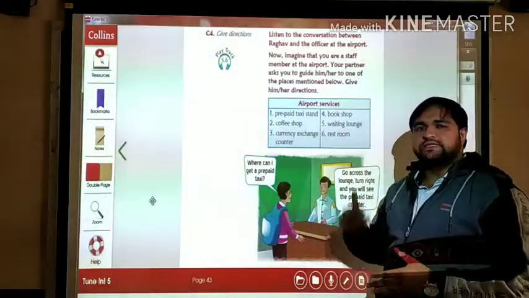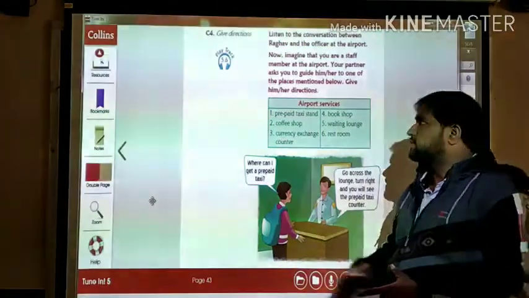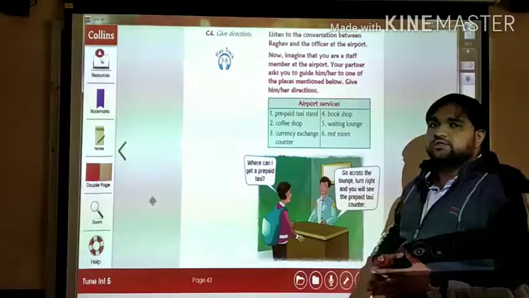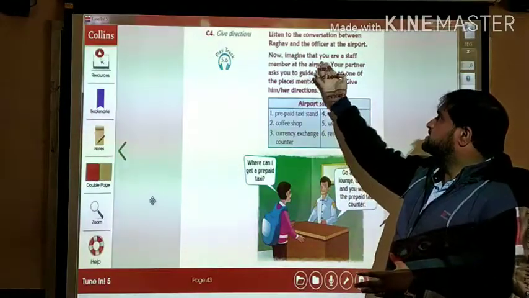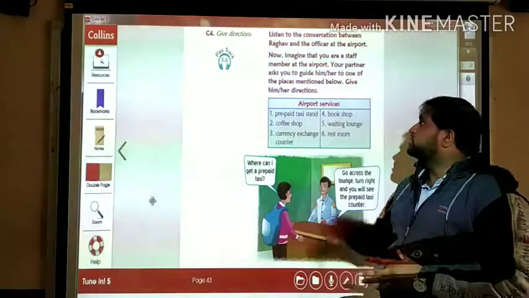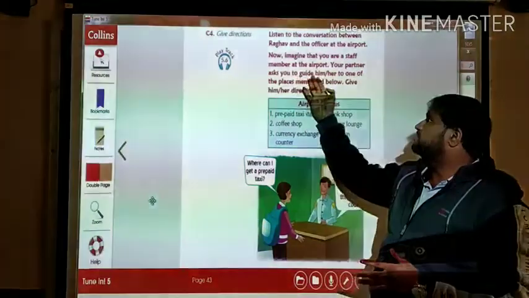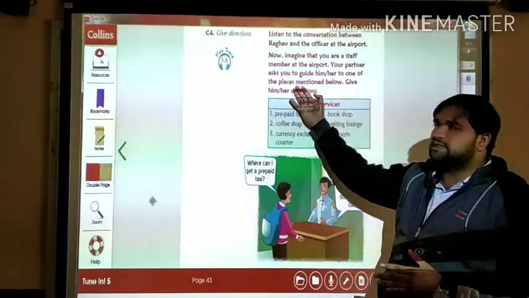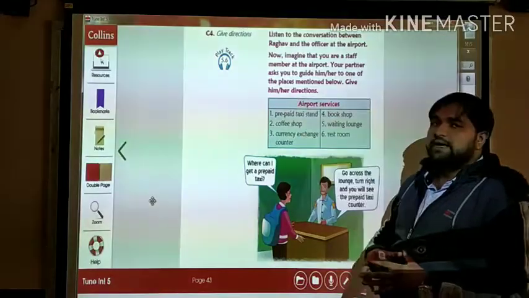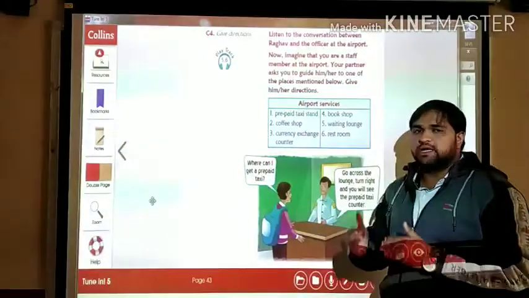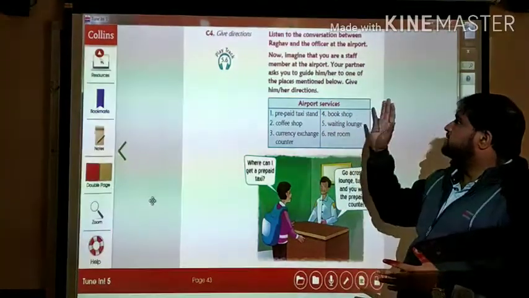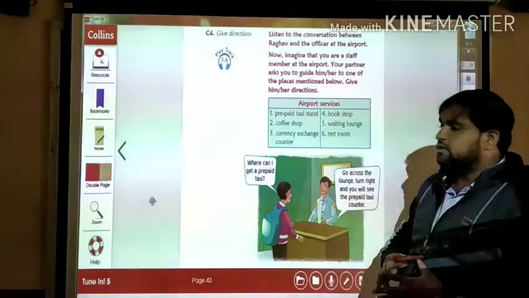What we have to do in this activity, let us read the instruction. Listen to the conversation between Raghav and the officer at the airport. Now imagine that you are a staff member at the airport, and your partner asks you to guide him or her to one of the places mentioned below. Give him or her directions. So here you have to play the role of the staff member and the person who is Raghav.